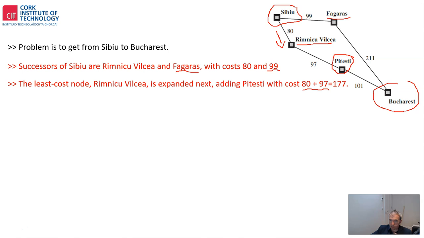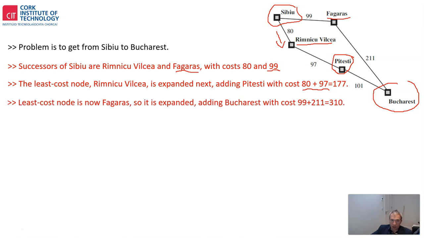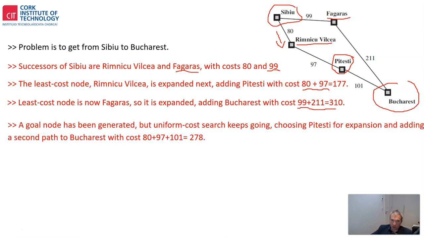Okay, so the least cost node is now Fagaras, so it's expanded, adding Bucharest with a cost of 99 plus 211, which equals 310. Okay, so now a goal node has been generated, but uniform cost search keeps going, choosing Pitesti for expansion and adding a second path to Bucharest with an overall cheaper cost.